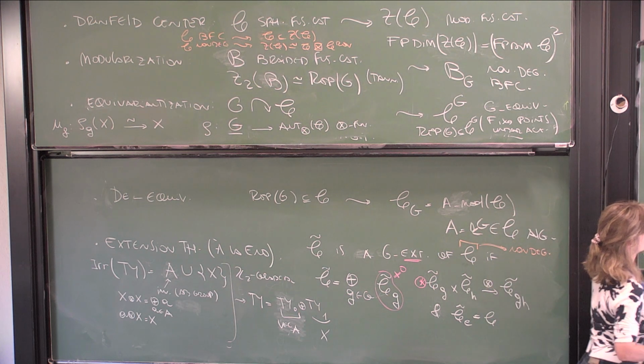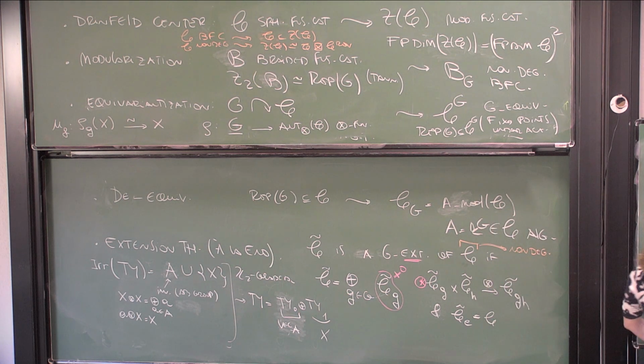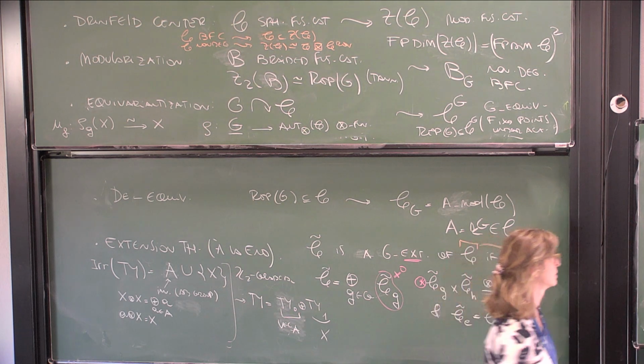Why is that useful for this setting? Because this gauging that we defined, so maybe this was an interlude, it's a two-step process.